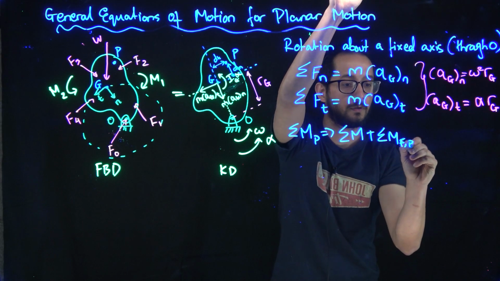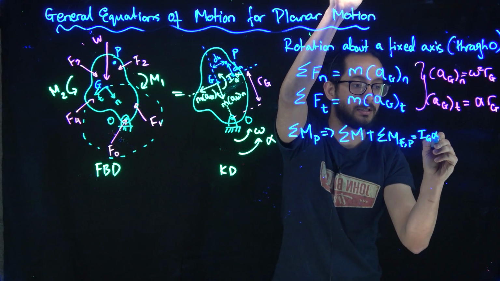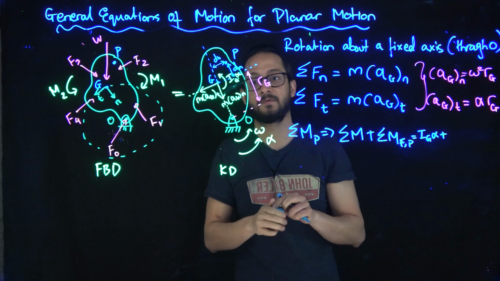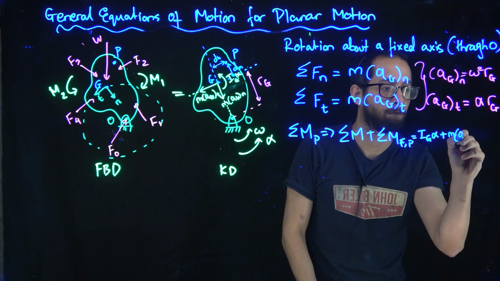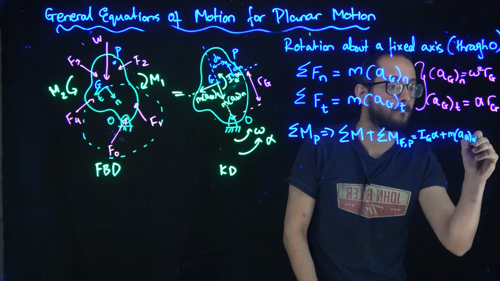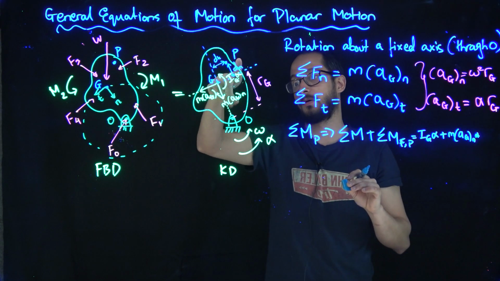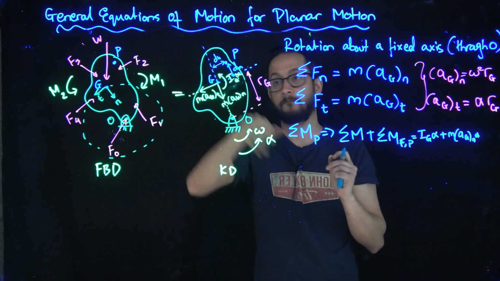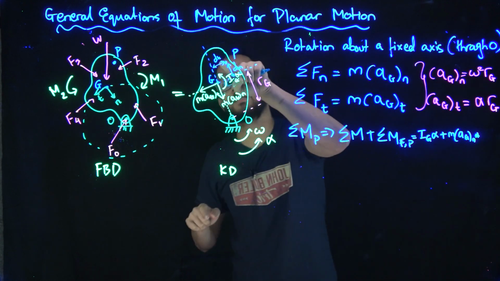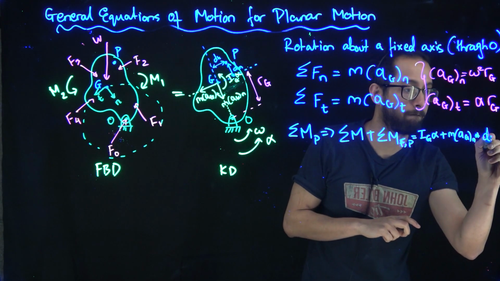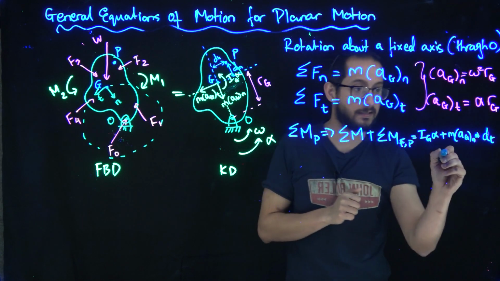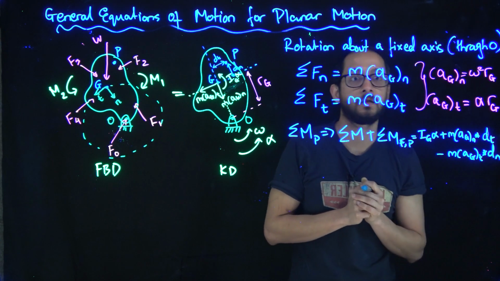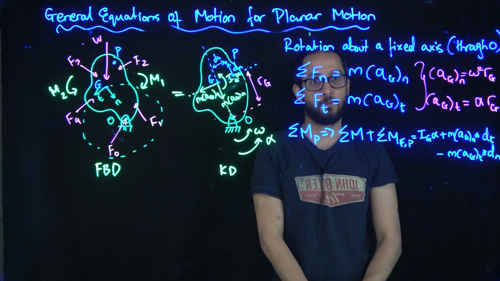So the sum of moments about P is equal to Ig alpha plus M AGN, which is positive, times dt, minus M AGT times dn, right? So that's one way that you can get your moment equation.